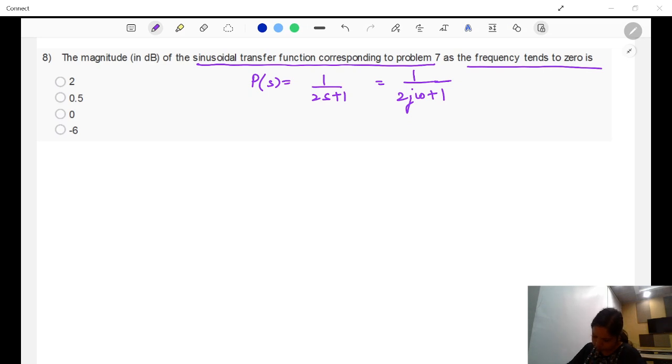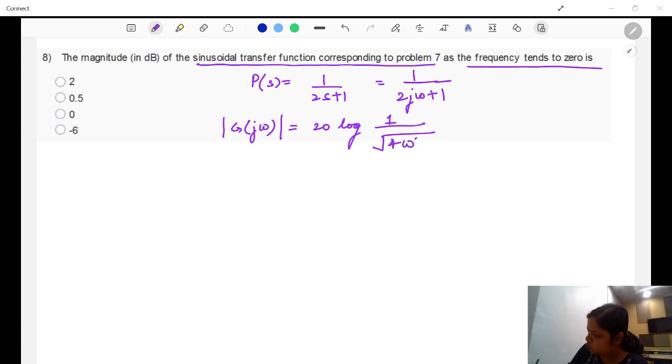Okay. So we'll find what is the magnitude first. It is minus 20 log, or for simplification, I'll write it in this way first. Minus 20 log 1 upon under root of 4 omega square plus 1, right?